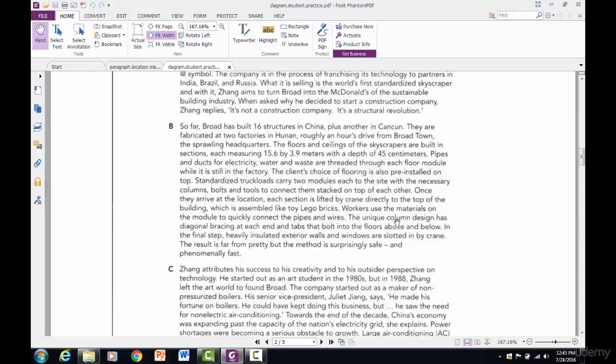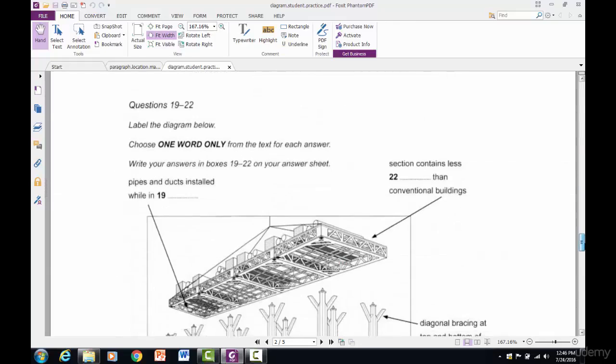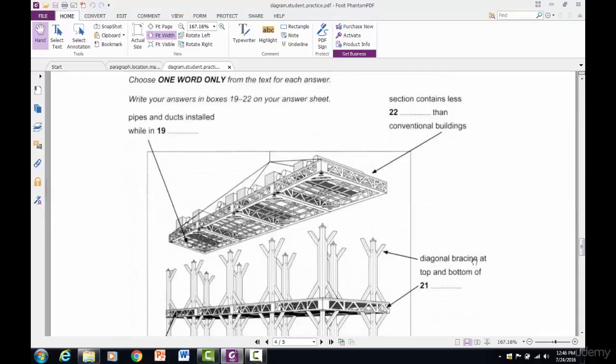See how that works? So a lot of times what you have to be aware of is the word order may be switched up between the question and the passage. Okay? So what I mean by that is this. Here it says diagonal bracing at the top and bottom of a column. Right? So we have top and bottom of the column. In the passage, it says there's a column at each end.